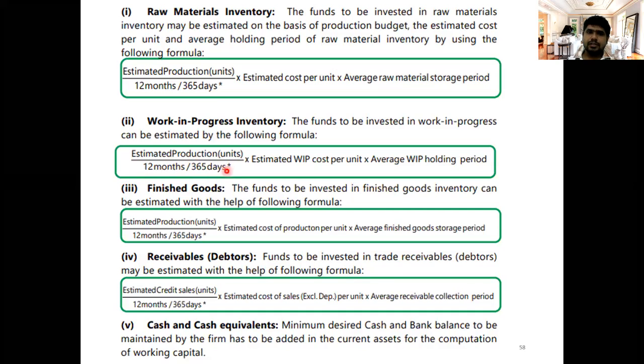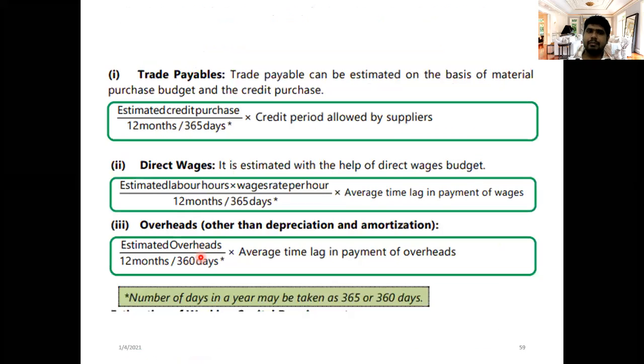Estimated production units into 12 months or 365 days or 52 weeks, and estimated work in progress cost per unit, and average work in progress holding period, right? And the same principle will be applied to finished goods, receivables, and trade payables. So liabilities, right?